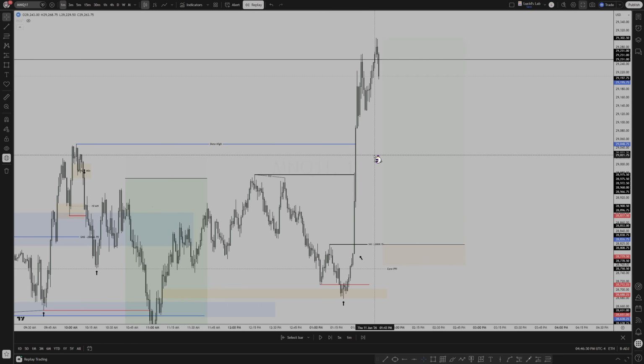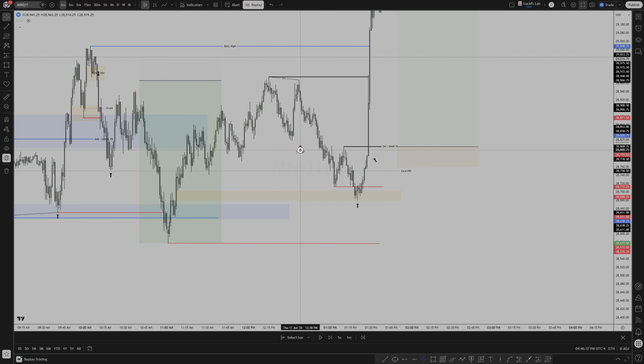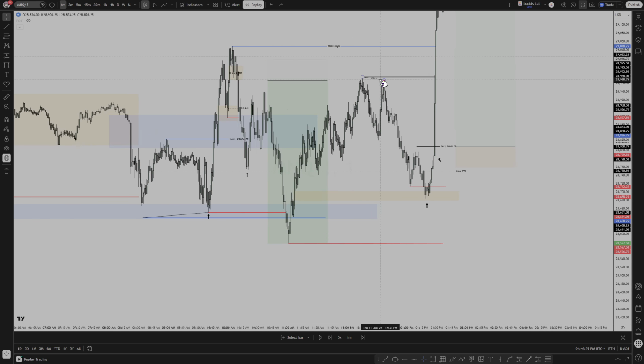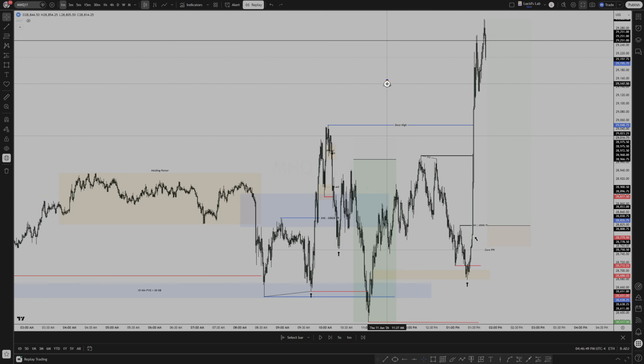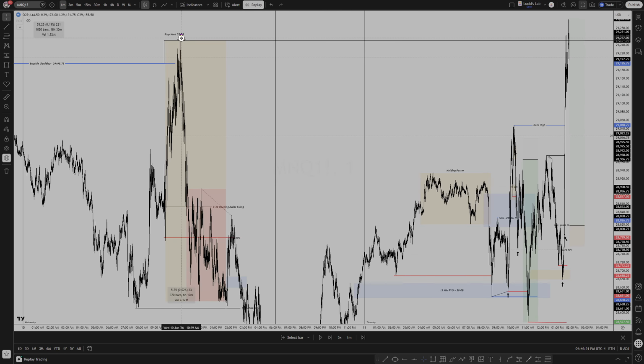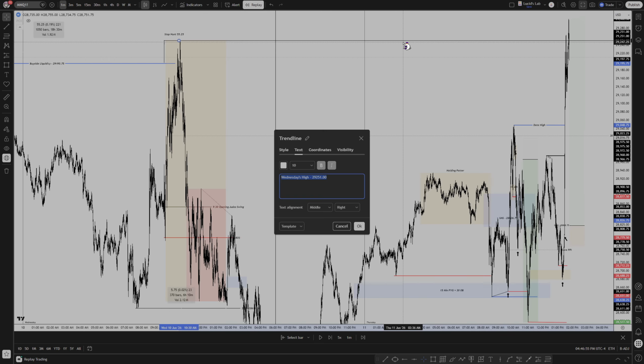So the PM session, this was the move for the continuation of the long after the market sat here and pretty much gyrated back and forth, creating nice moves to the downside. And it finally got tired of sitting within this range and started to make its way back up and attacking the high from back here that we made on Wednesday.